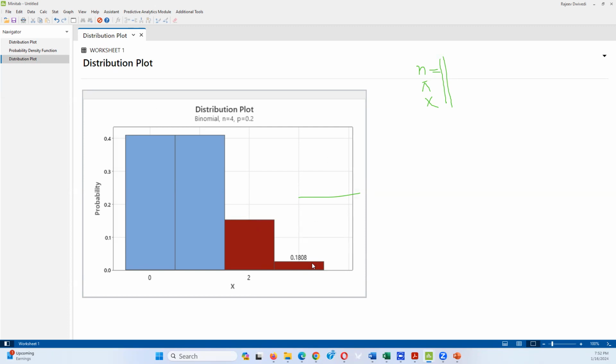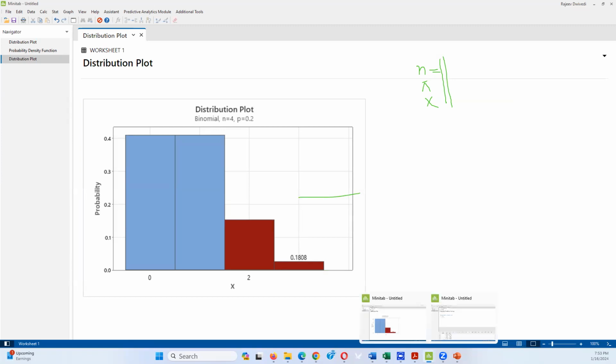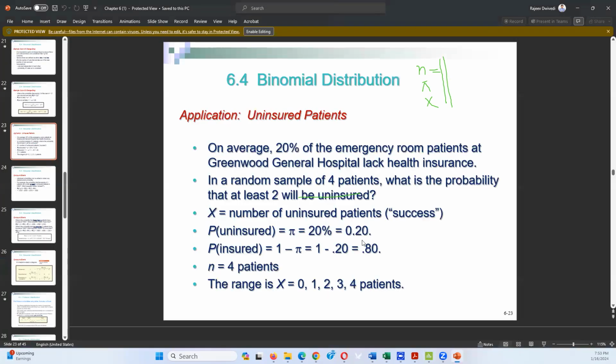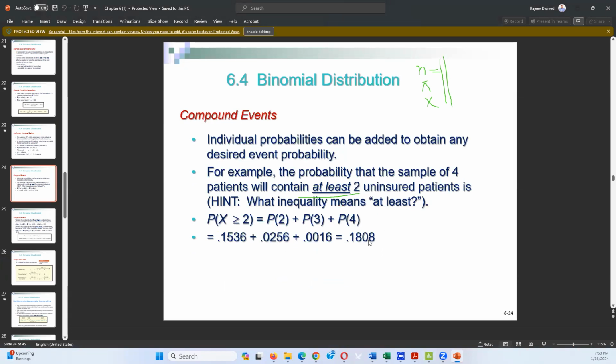Is it making sense? So 2, 3, and 4: the value for 2 is 15%, the value for 3 and 4 is about 3%, and together it is 18%. The same answer, 18%.